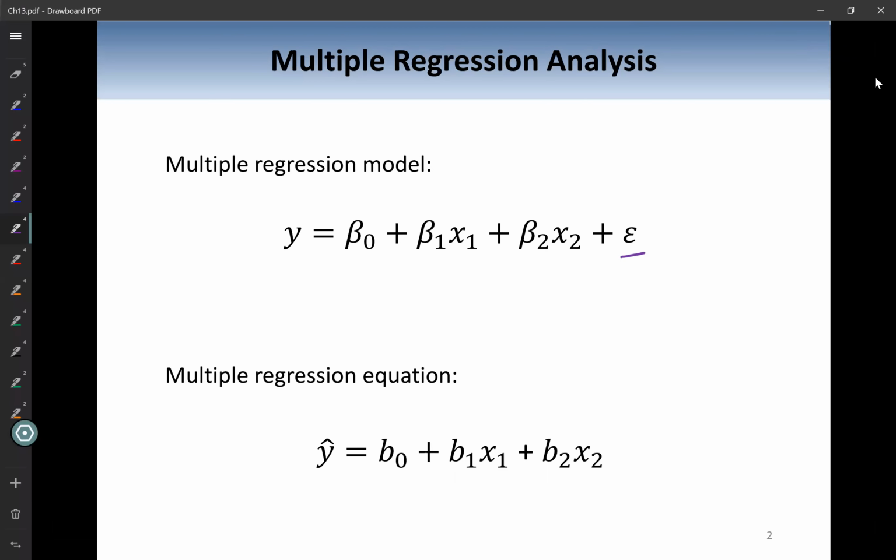So this is the true model, and we estimate it using minimization and maximization techniques in calculus to come up with the multiple regression equation.